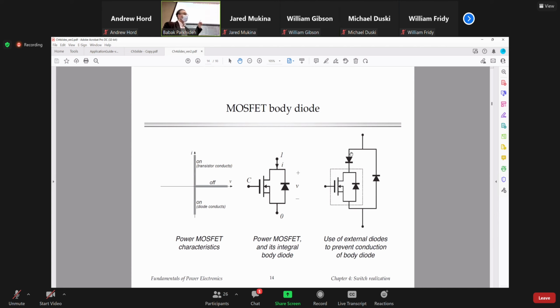So as you can see in this, the first thing is you have to block the current. So you put this device in to block the current from bottom to top passing through this diode, so this diode never engages.